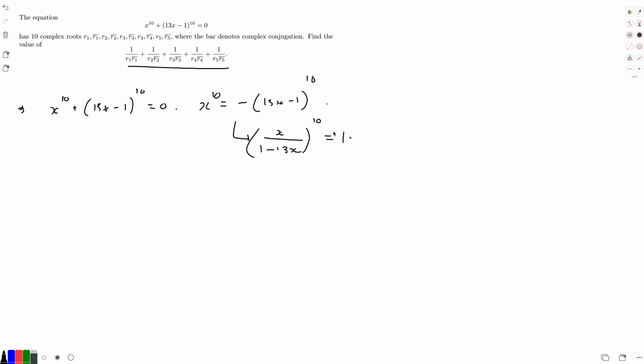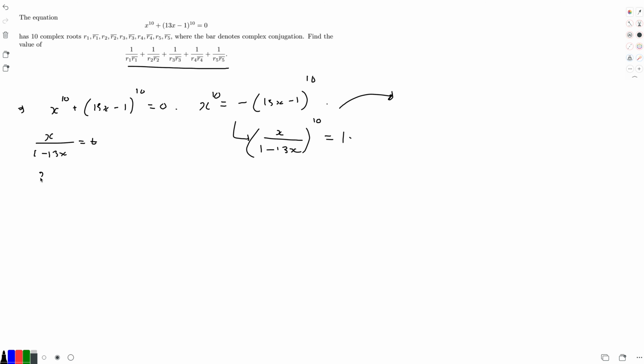Yep, that looks good. Alright, so now how do we solve this? This looks a tiny bit simpler, but not too much. Well, we're raising something to the 10th, and that equals 1. That should remind you of the roots of unity, right? So let's make this simpler by substituting x over (1 minus 13x) equal to t.